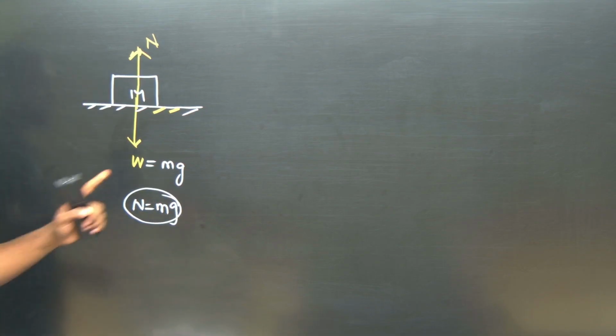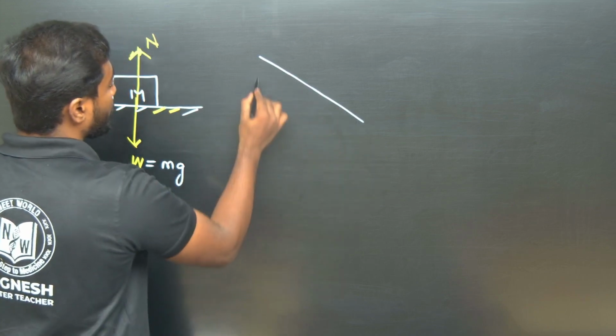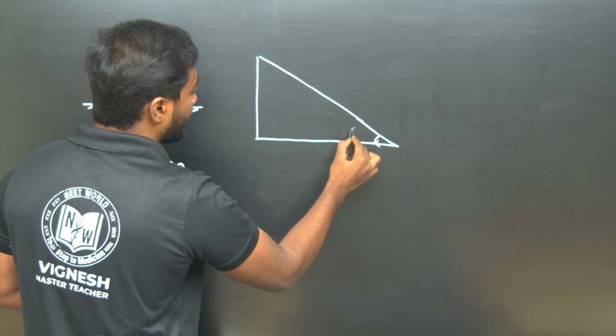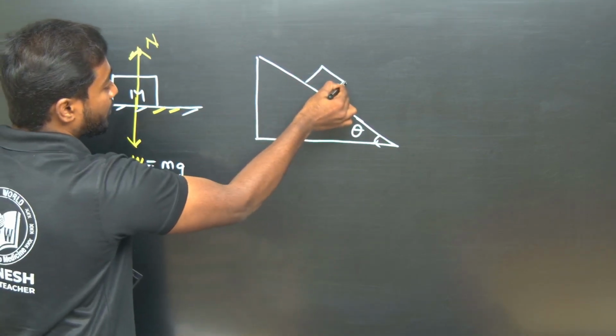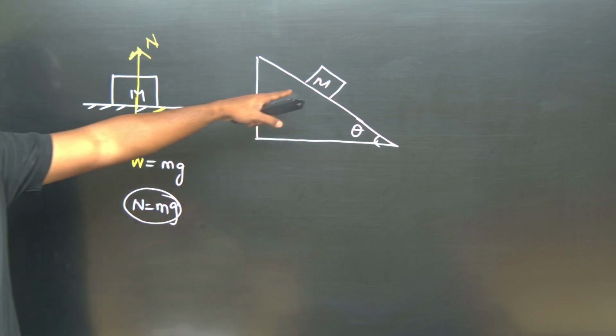Now the second example I am going to take is an inclined plane having an angle theta. Here I have kept a block with a mass m. In which direction will the weight be acting? Towards down. So exactly like this I need to draw the weight.